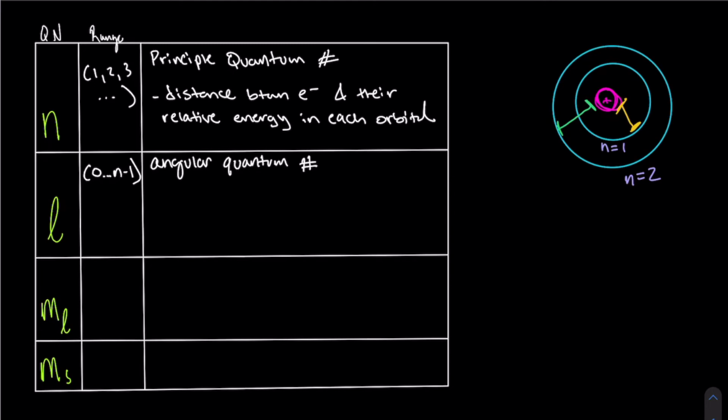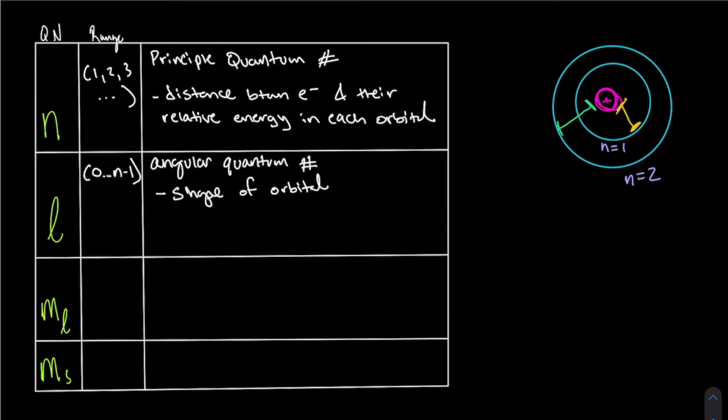So these basically describe the shape of your orbital. Remember, like I talked about earlier, orbitals describe where the electron's going to have the highest probability of being, because they're not confined to a bond, they're moving all over the place. So these orbitals describe the relative area of where they're going to be.